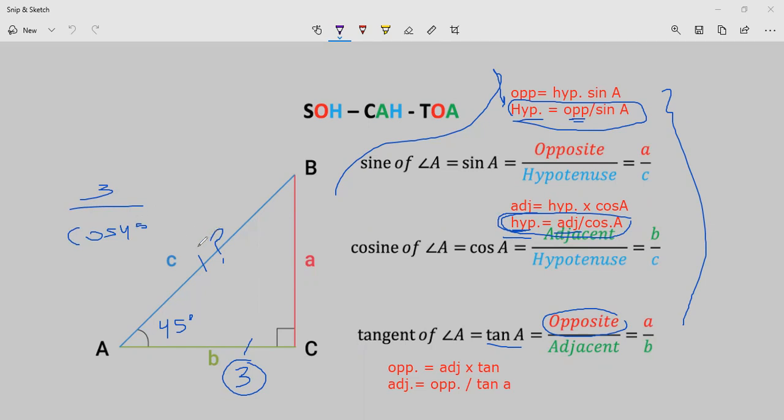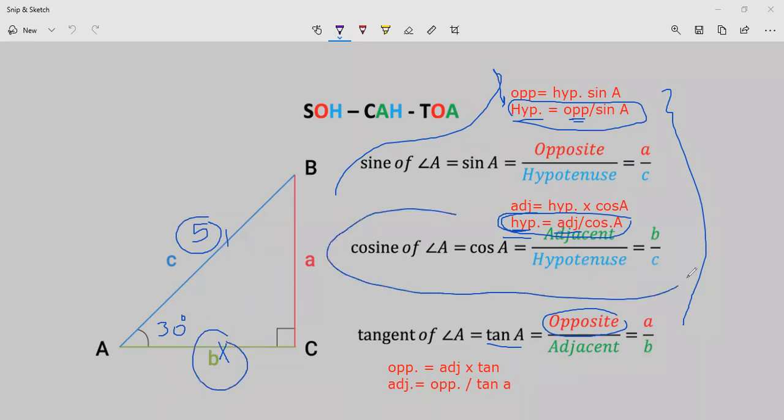So let me tackle the opposite. If it's the opposite way, for example, you are given this side as 5, and this side is the missing side, and this angle is 30 degrees. Now, directly, guys, I identify which side I have. I have the hypotenuse. Which side do I need to find? Adjacent. So I want to use this rule.